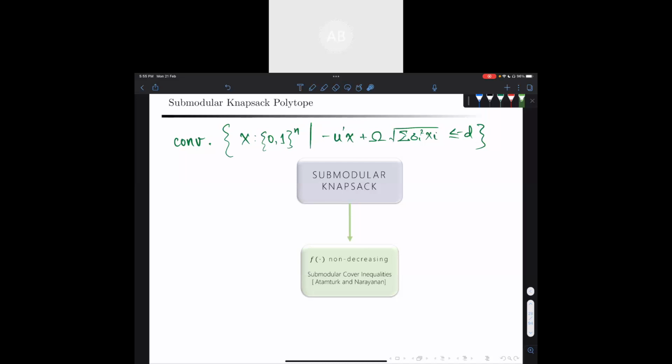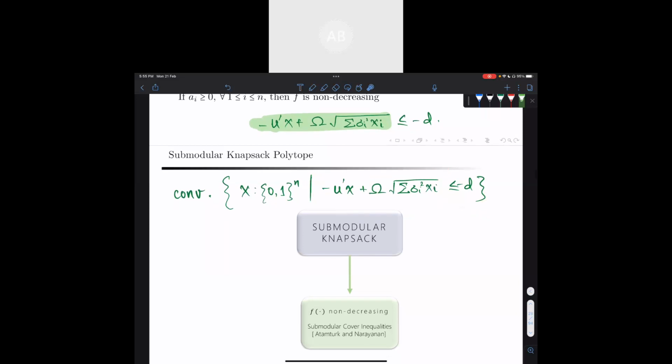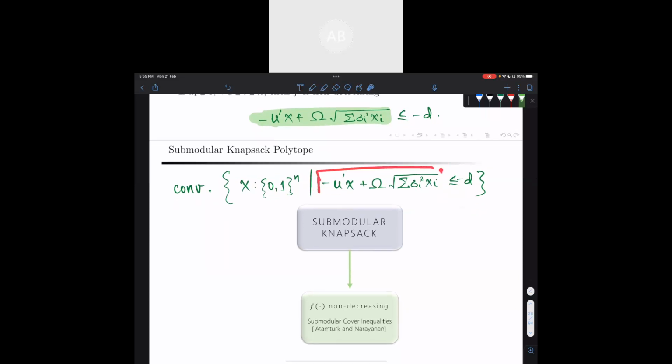For the case where f was non-decreasing, while this particular function is submodular, there is another specific monotonicity property of this function that will help us.